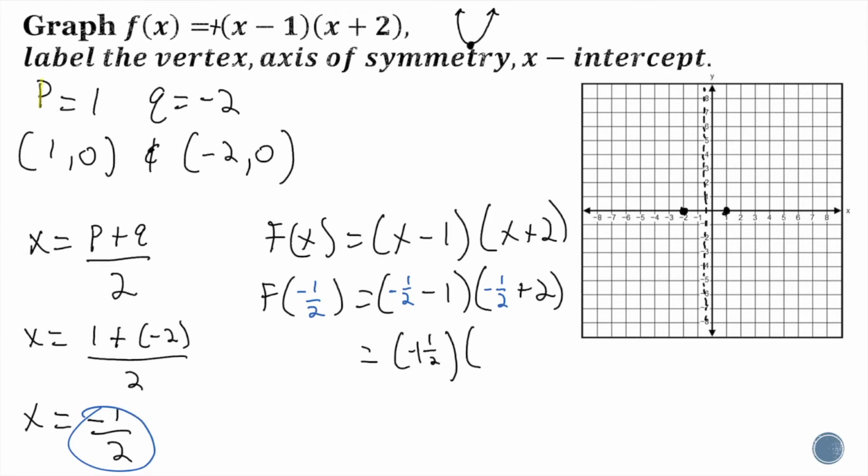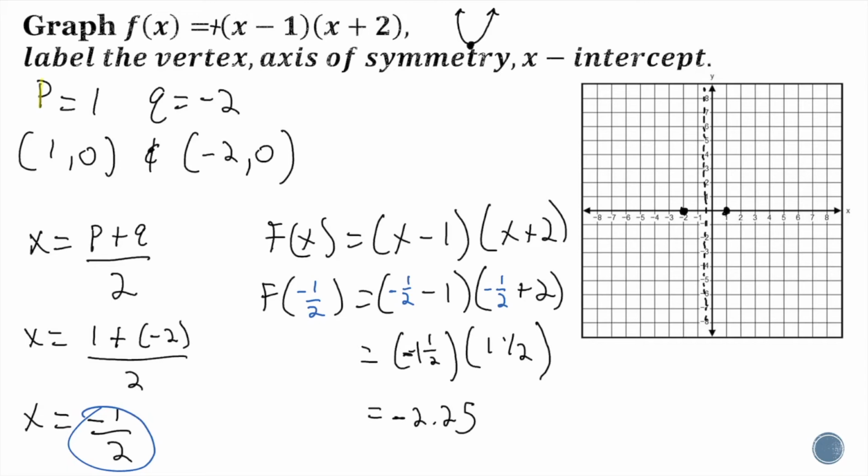times 2 minus 1/2, which is 1.5. So now I need to do negative 1.5 times 1.5. And I get 2.25, and it's negative because of this negative sign.